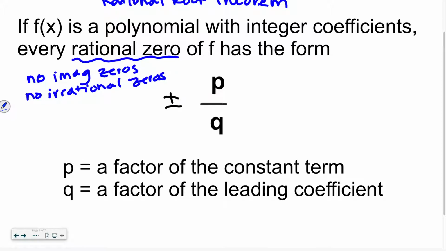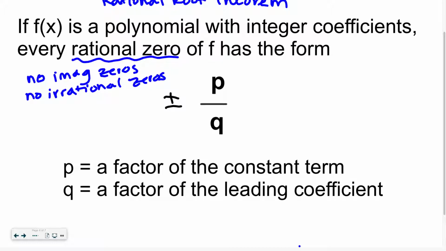Your polynomial could have those kinds of zeros, but we can at least make this small list of rational zeros to guess and check, like Katie said. And then when we start guessing and checking, we can use our results to maybe factor or use the quadratic formula to find those other kinds of zeros.